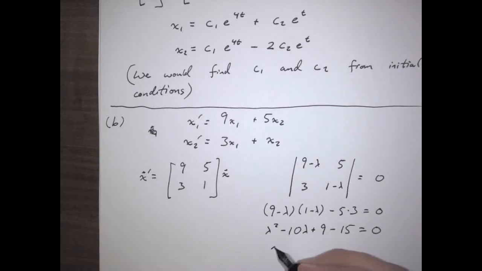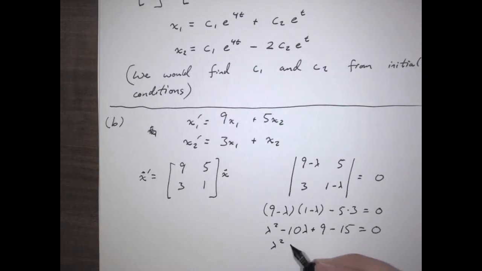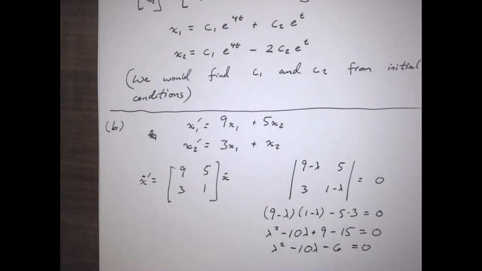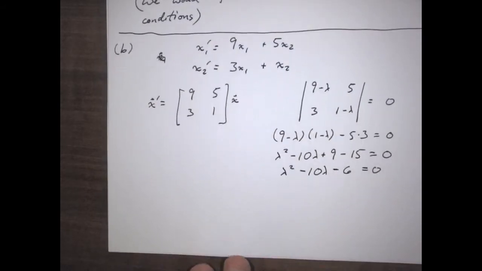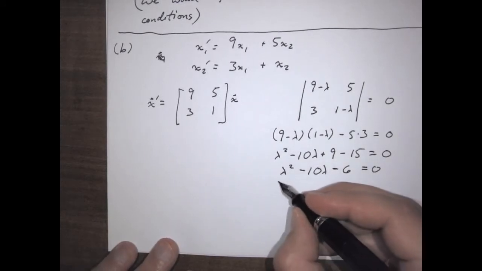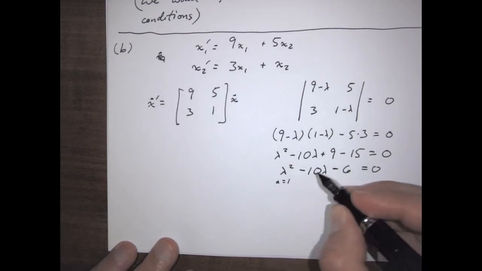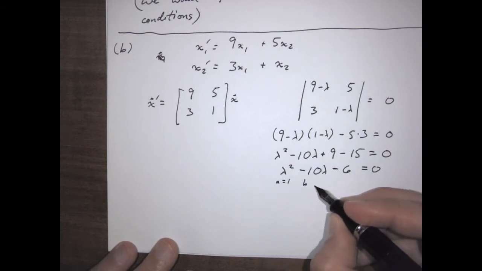So that's going to be lambda squared minus 10 lambda minus 6 equals 0. This one we can't solve by quite the same means of just factoring, since this can't be factored. So we're going to use the quadratic formula, for example, or completing the square.